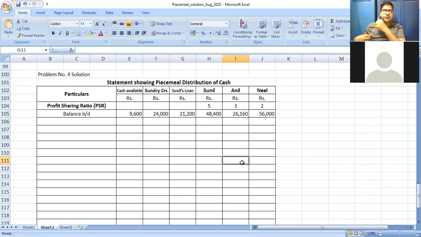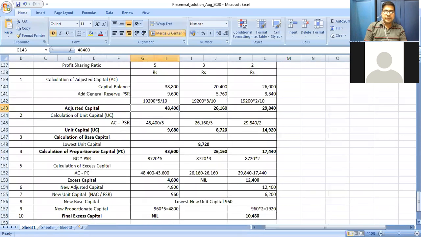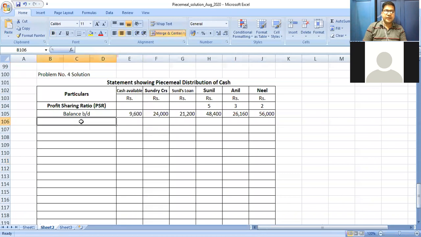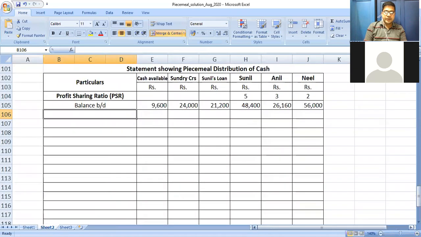After this particular record, now what we have to do? First of all, we have to do as per the order. Now what order is there? Paid to creditors 24,000. Whatever balance is available, that we have to pay to the creditors first.